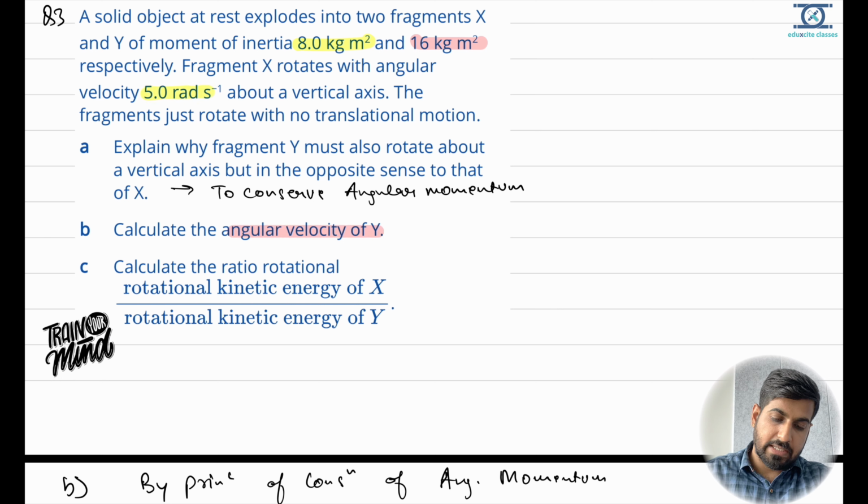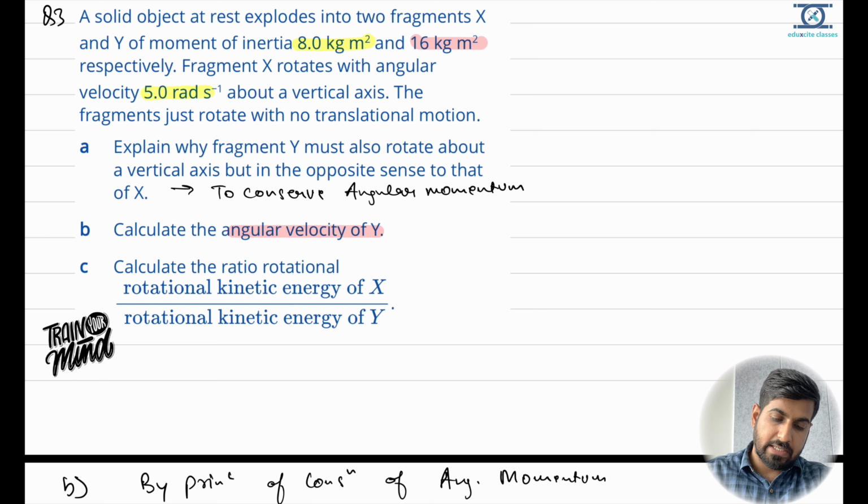And the last part is rotational kinetic energy. So we know that rotational kinetic energy is what? So E x upon E y, we have to find out: half I x omega x square upon half I y omega y square. Half and half get cancelled.